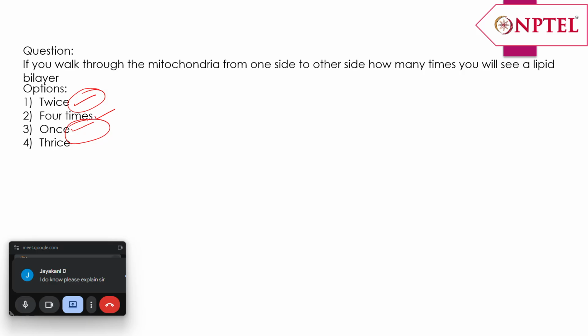Okay, that can be considered as an explanation. But this is a mitochondria. Yes. Okay. That is also another explanation.